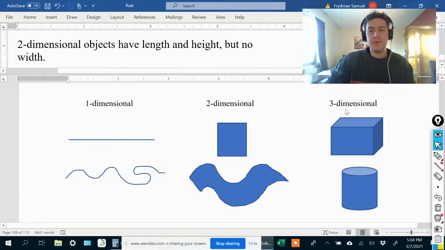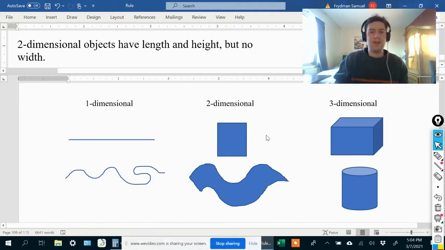And before I move on to three-dimensional, you might be asking yourself, well, couldn't you say, instead of saying that this has a length and a height and no width, couldn't you call this the width? And couldn't you say that this has a length and a width, but maybe no height? Or could you call this the height and this the width, and say that this has a height and a width, but it doesn't have any length? Yes, you could say that.